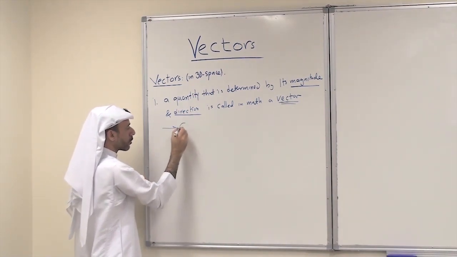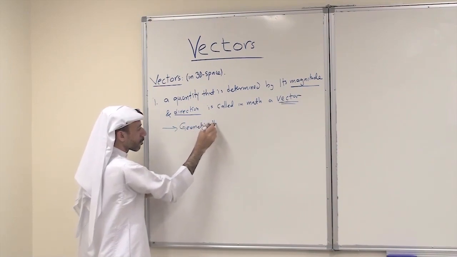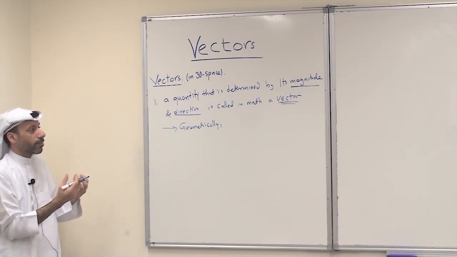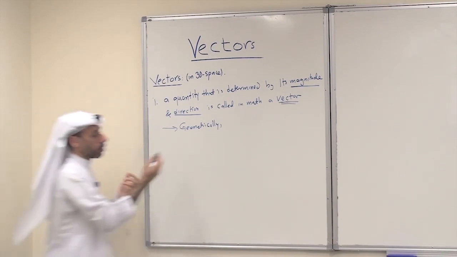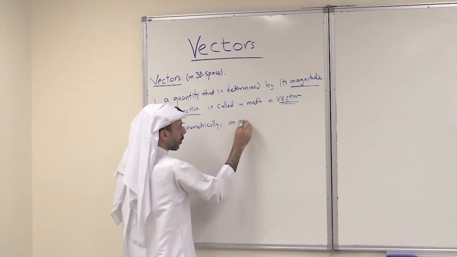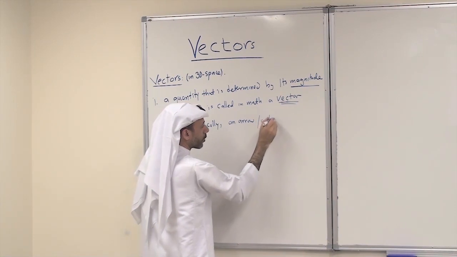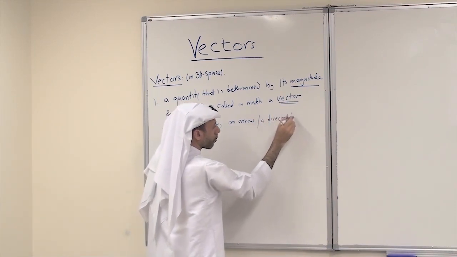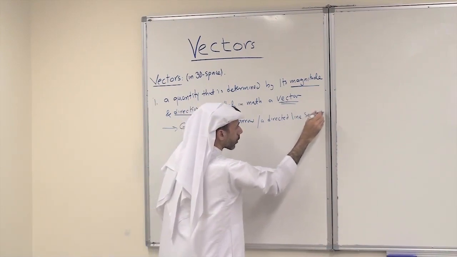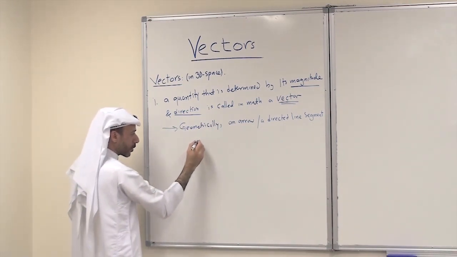Geometrically, we represent vectors in mathematics by an arrow or a directed line segment. So in space or in the plane, we have just an arrow.